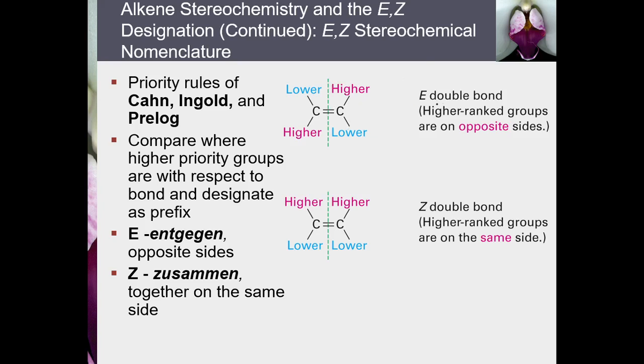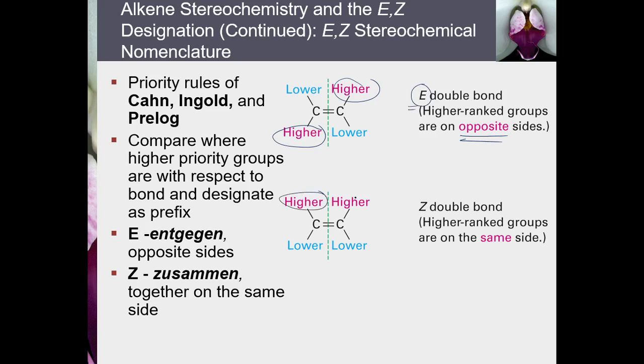So paano natin i-apply yung E-Z nomenclature or E-Z naming? So we will first compare yung mga meron tayong higher groups and lower groups. So higher rank groups here, as you can see, are on the opposite side. So if it's in the opposite side, so you use the E system, E designation.